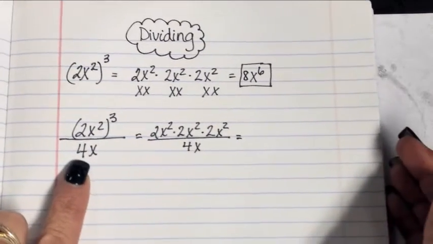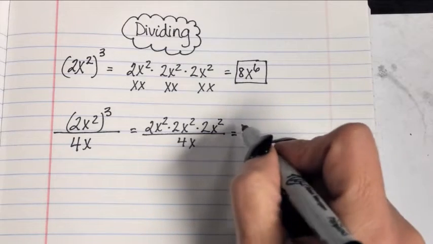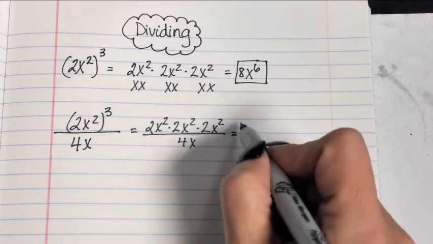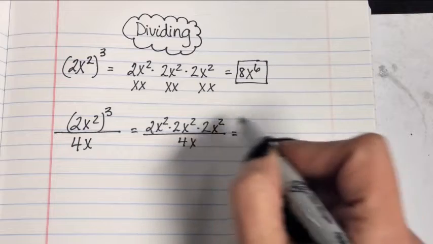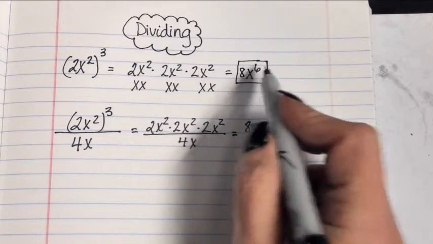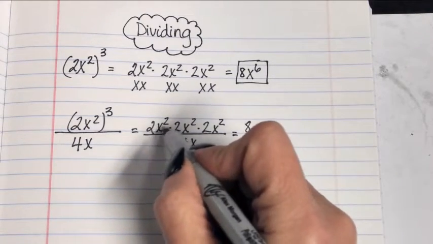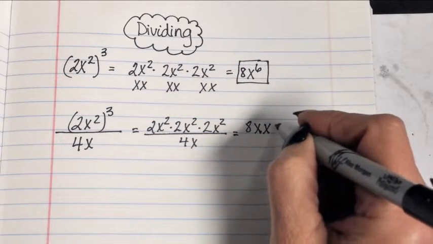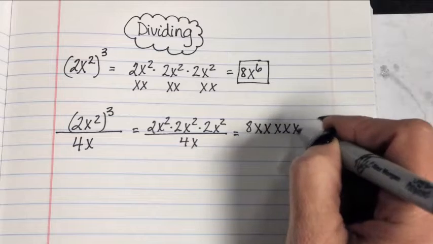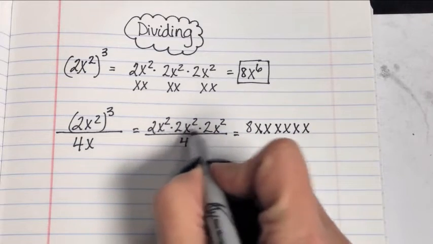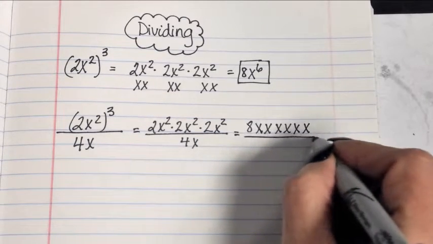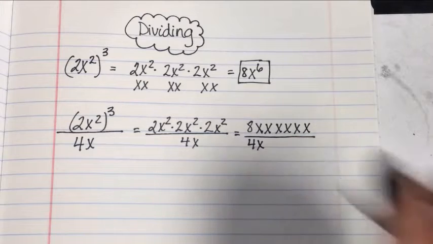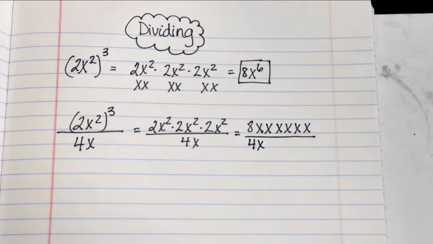Let's expand it out one more time. 2 times 2 times 2, we said that was 8. But instead of making it x to the 6th, let's write it out. 2x is here, so that would be x times x times x times x times x times x, all over 4x.